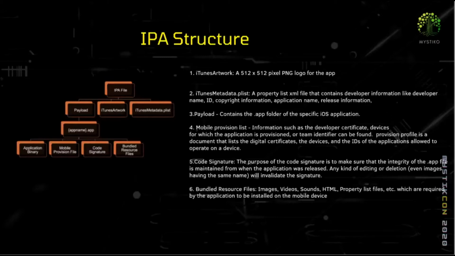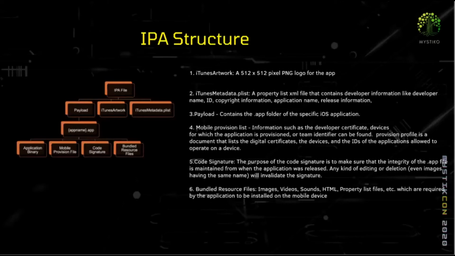By installing this, they can install the applications on the device and get them tested. This file will bind your developer account to the device, and it will ensure that only an authorized developer is using and testing this particular application.